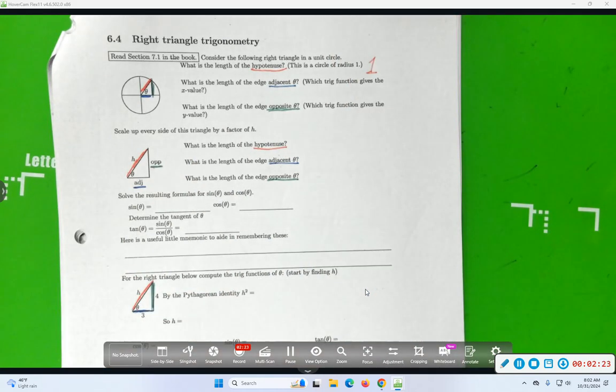And let's treat that like it's actually in quadrant 1, just so we don't have to worry about any plus or minus signs. That blue labeled edge, the edge that is adjacent to the angle theta in that triangle, what's the length of that edge? So that's like the x value, right? Which trig function gives you the x value?